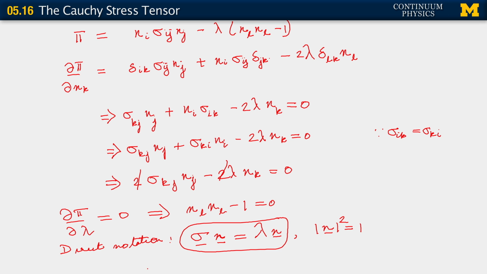This condition is our standard eigenvalue problem for sigma. I'll write it here again. So our condition is sigma n equals lambda n, where n is a direction.